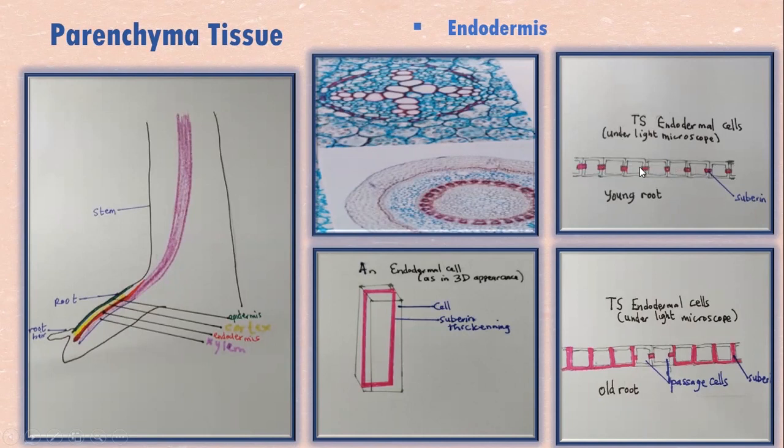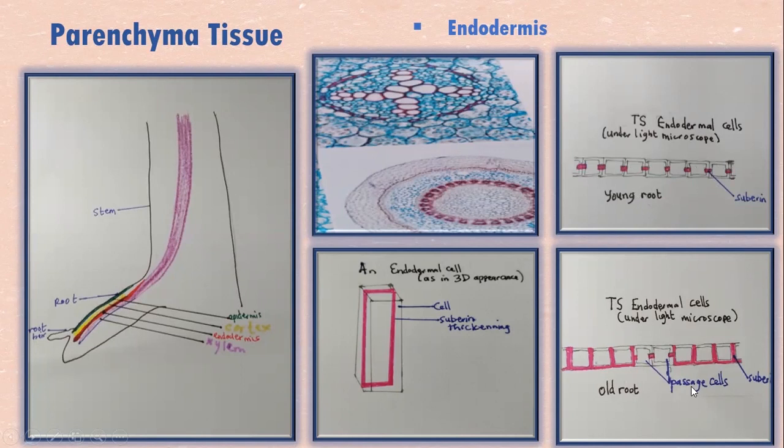So these endodermal cells have their radial walls thickened with suberin. This cell and this cell, you have suberin, suberin, suberin. Radial walls thickened with suberin. Suberin does not allow water or gases to pass through. So this is a young root.